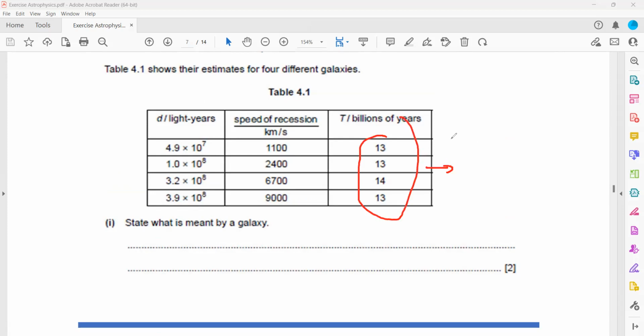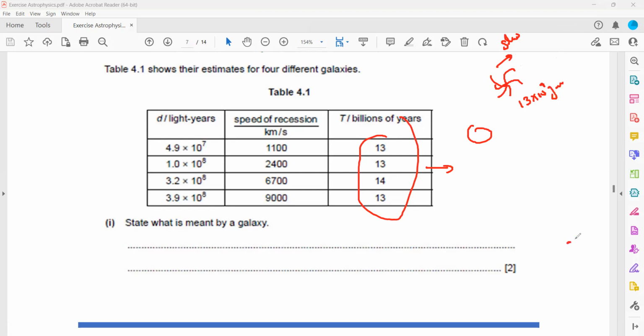Say this is the Earth and this is galaxy A. Galaxy A is closer to us, so it is moving slower. Using its speed and distance, when we work out the time, we find that it is 13 billion years.